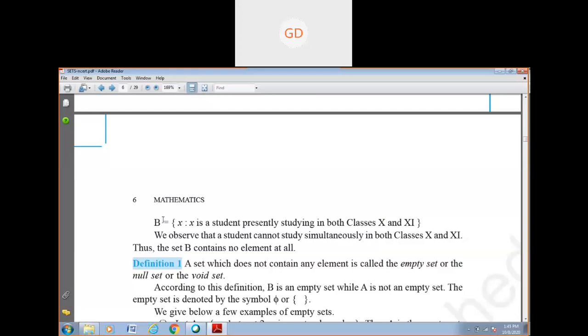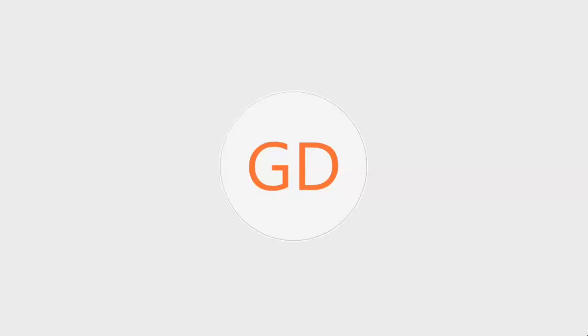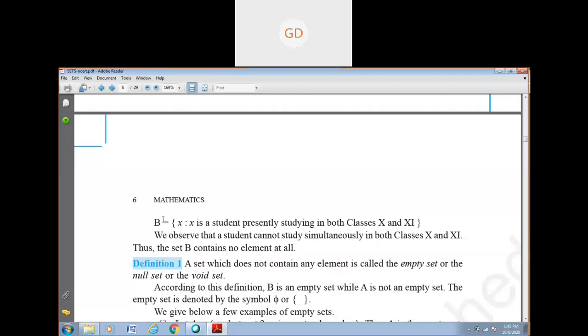So there are some situations, some collections, where the definition is done properly, well defined, but elements do not exist. These situations are called empty set, null set, or void set.